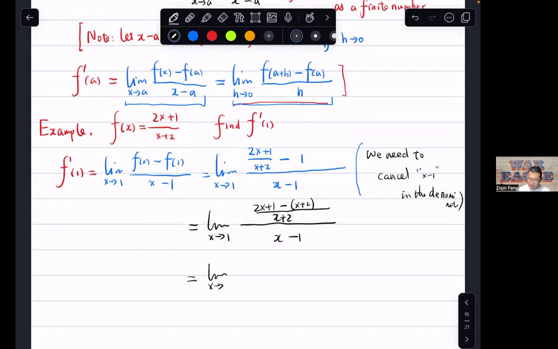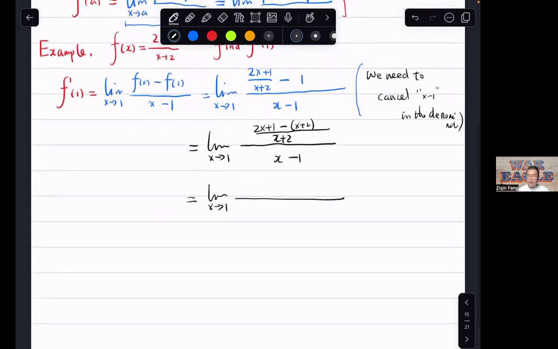As x goes to 1, if you simplify the numerator and regroup the fractions, you get x plus 2 in the denominator times x minus 1, then times x minus 1, because 2x plus 1, then minus x, and minus 2, you get x minus 1.